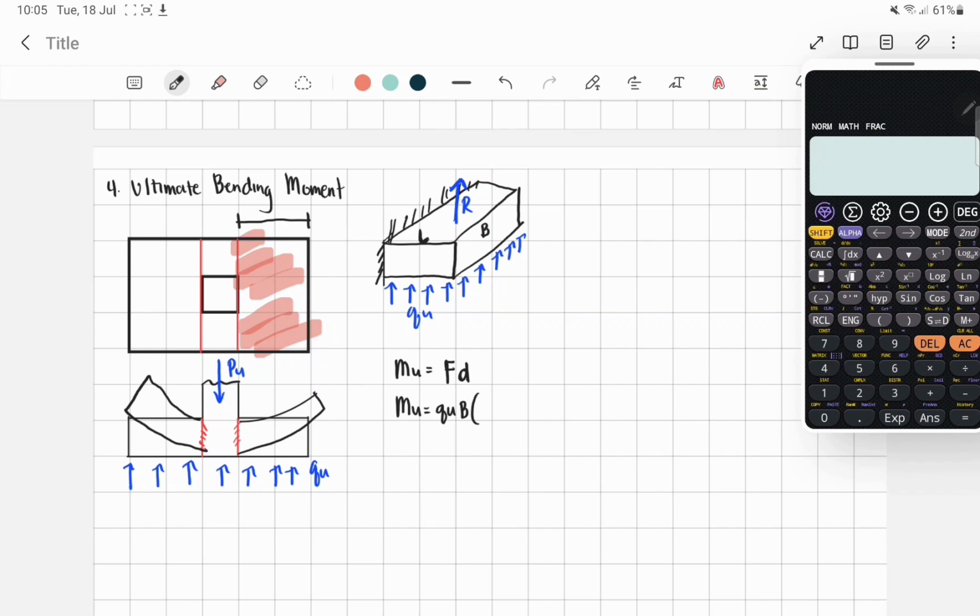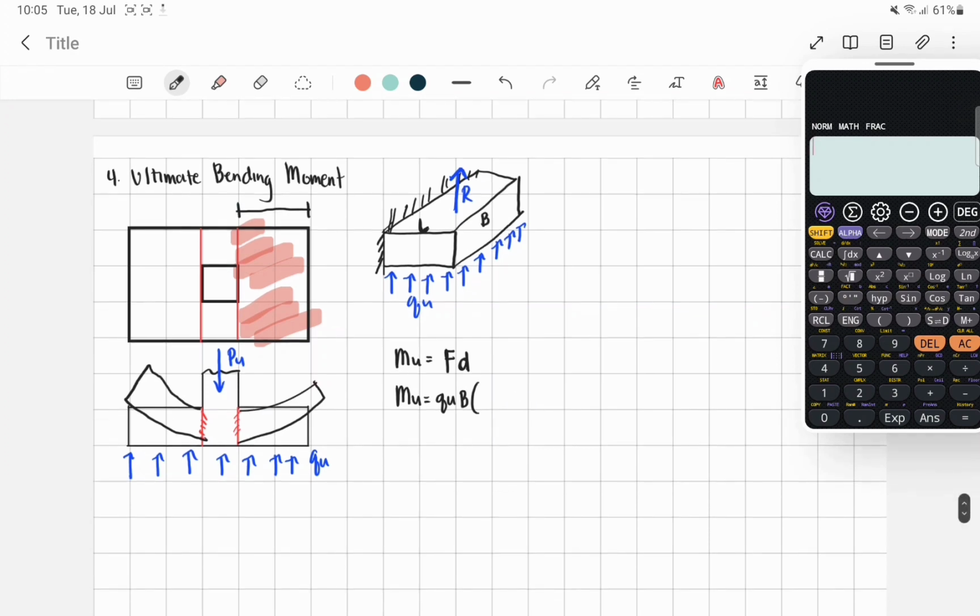So, yung length na yan, since, okay, paano ba? From this side, sabihin natin, this will be kalahati nung ating B. So, B over 2. And then, itong part na to is kalahati nung column. That is C over 2.